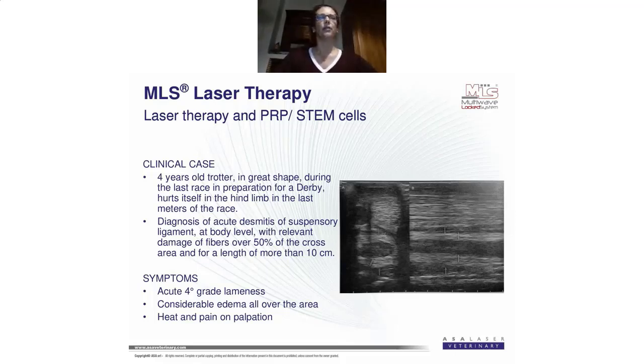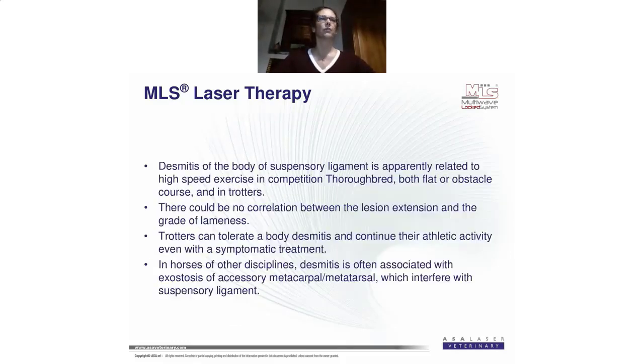I prefer the first week, the very acute phase, to control edema and pain. Afterwards, I use the PRP or stem cells, as you like. I wait for 1 week without laser therapy, and then I start again with my therapy with the protocols for the acute or subacute situation.